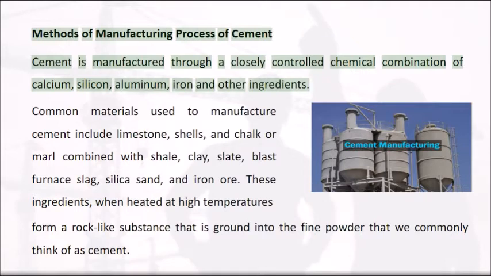Methods of manufacturing process of cement. Cement is manufactured through a closely controlled chemical combination of calcium, silicon, aluminum, iron, and other ingredients.